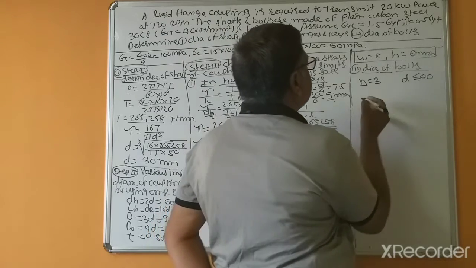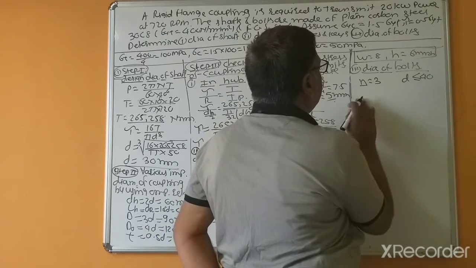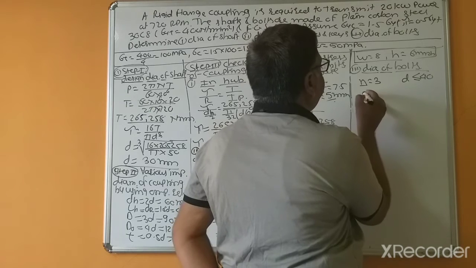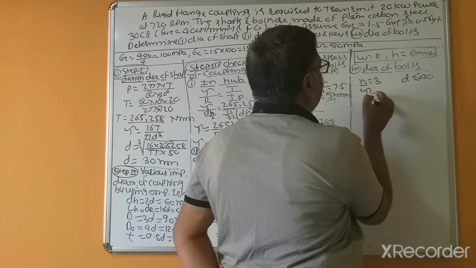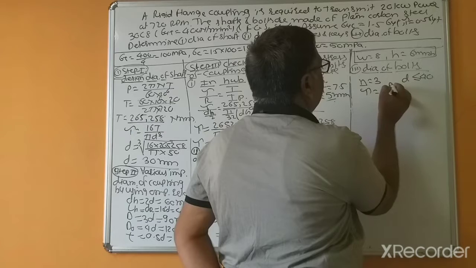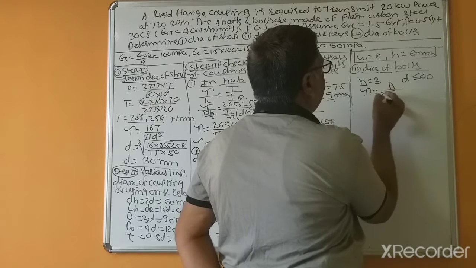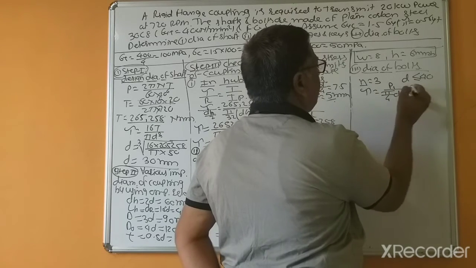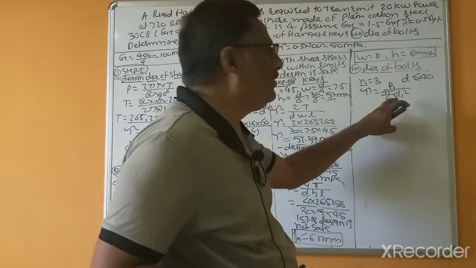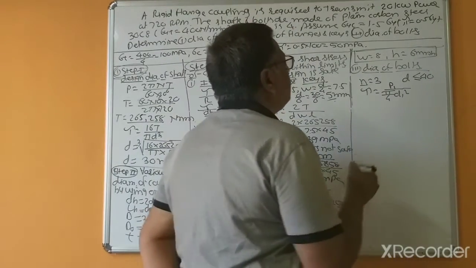Using the shear formula, tau equals P1 divided by pi by 4 D1 squared, where D1 is the diameter of the bolts.